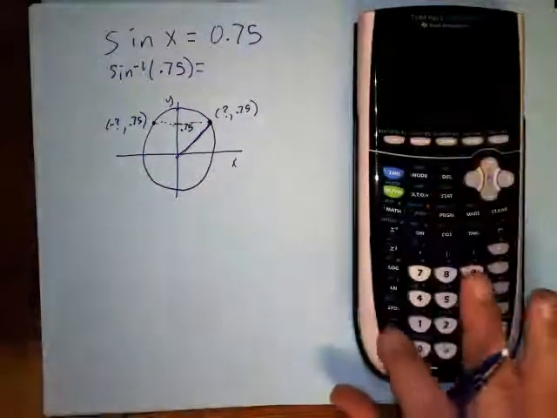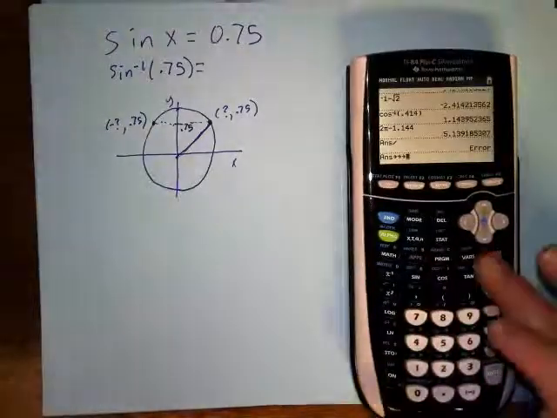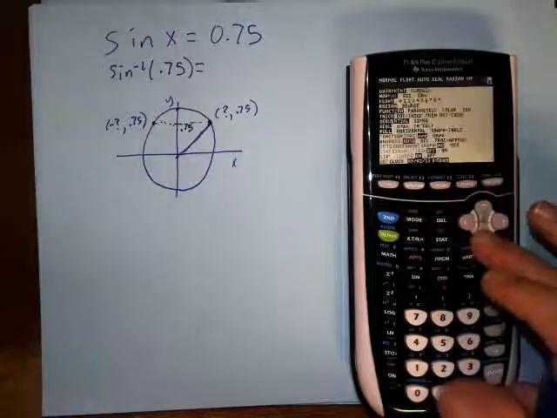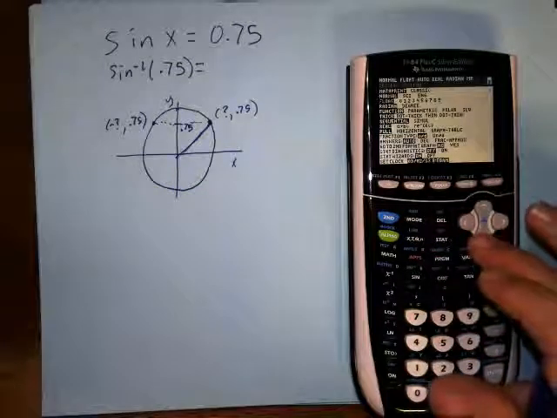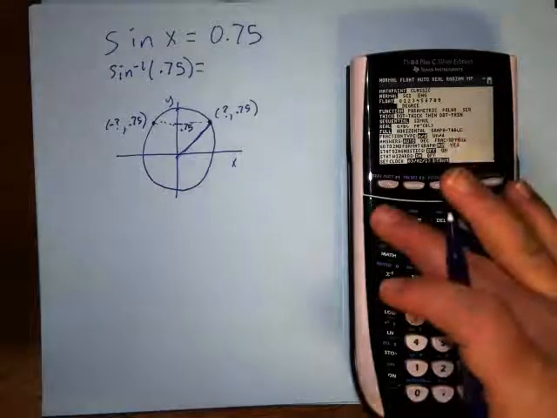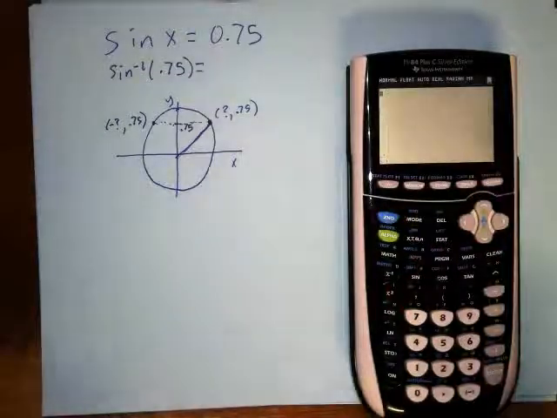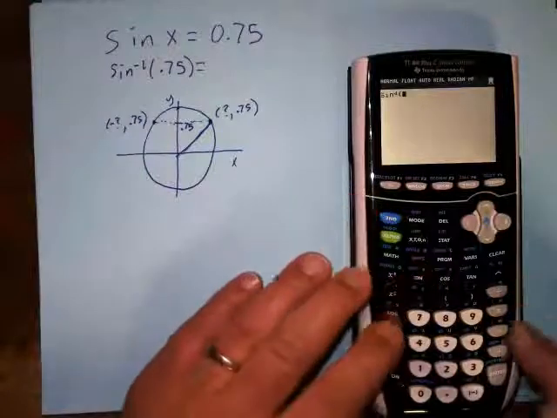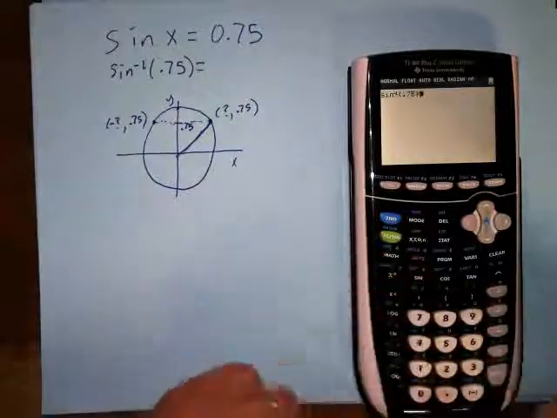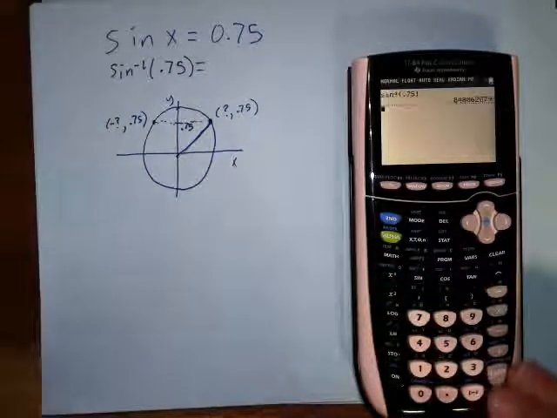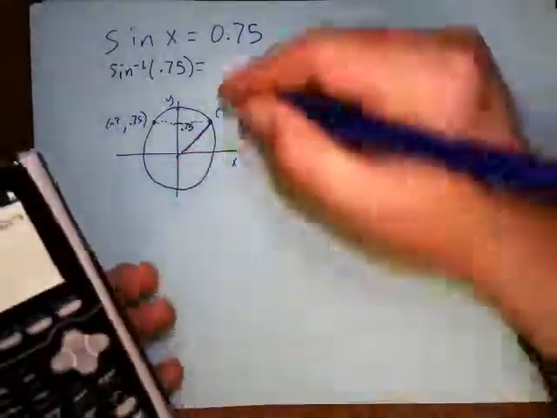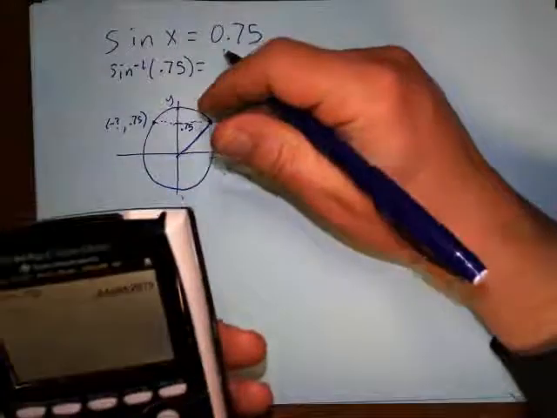So now when I go to my calculator, I'm going to want to make sure that it is in radians mode, and it is. So you always want to check that. When we do our homework, we're going to want to do it in radians. And so I go second sine 0.75, and when I do the inverse sine, that gives me this angle, and that angle is 0.848.